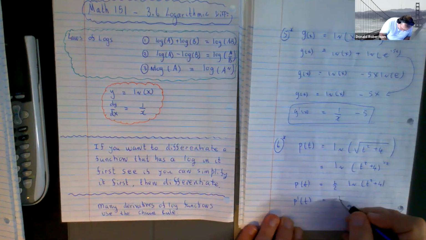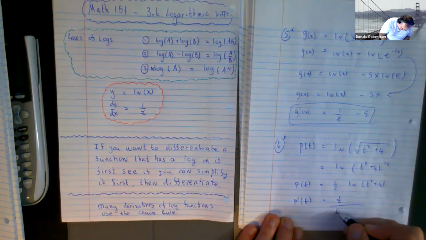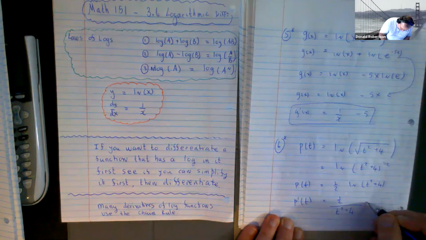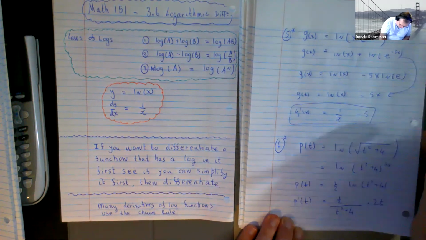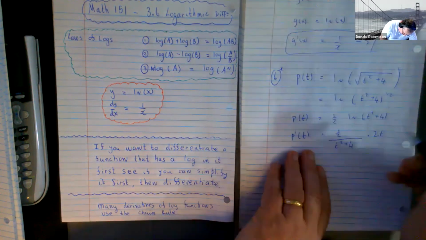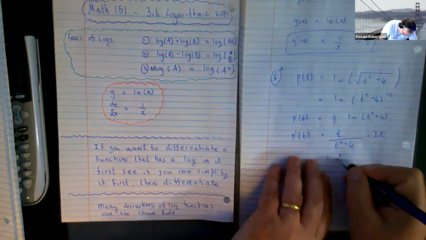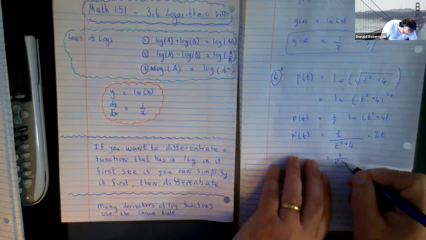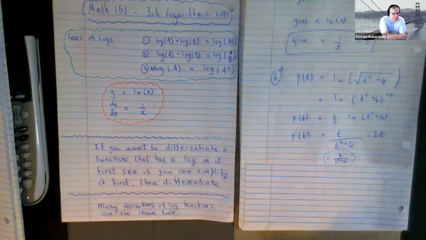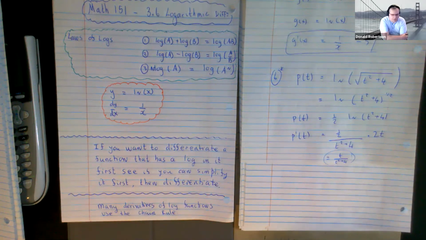So you get a half over something times the derivative of that something. And the half and the 2t interact really nicely. And there's your answer. Short and sweet, right? Boom, boom, done. The derivative part.